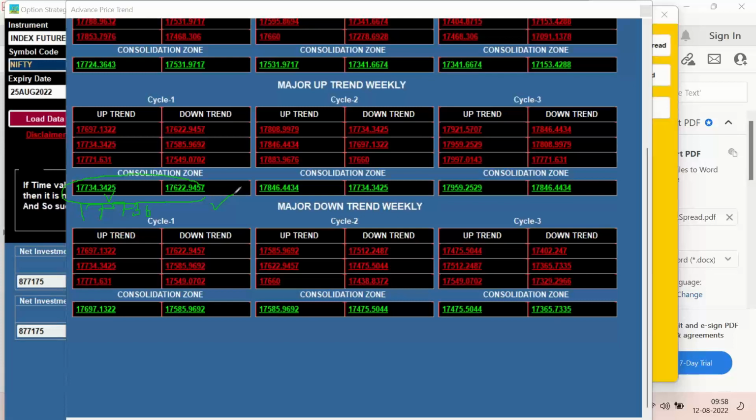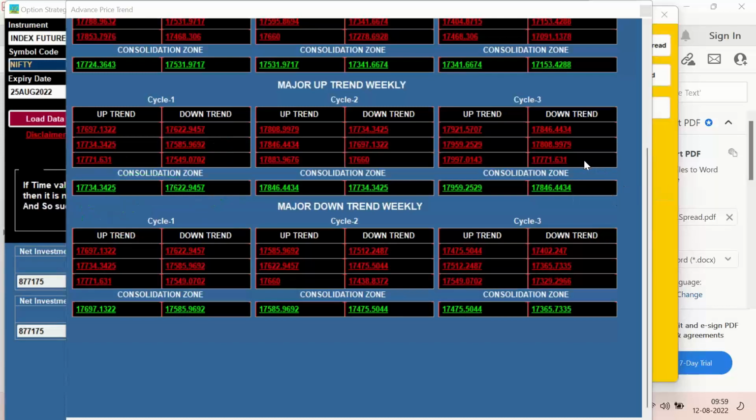This is what it says. If it falls below 623, then it can go to 585, 549. If it goes above 734, then it can go to 771. This is what the weekly trend parameter will tell you.